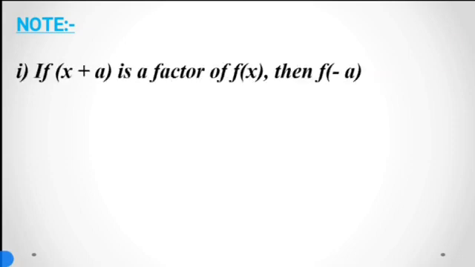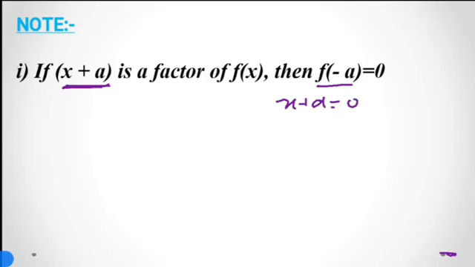The first note is, if x plus a is a factor of f of x, then observe children here, x plus a, then f of minus a should be equal to 0. If we equate this expression to 0, we get x plus a is equal to 0.